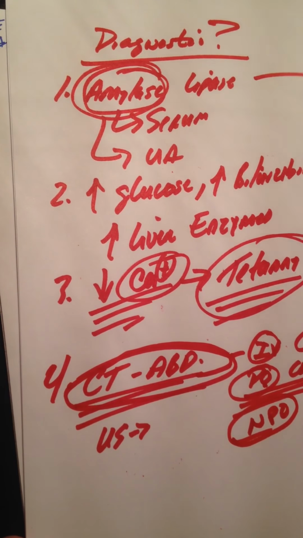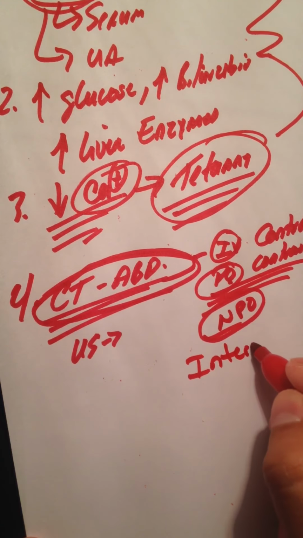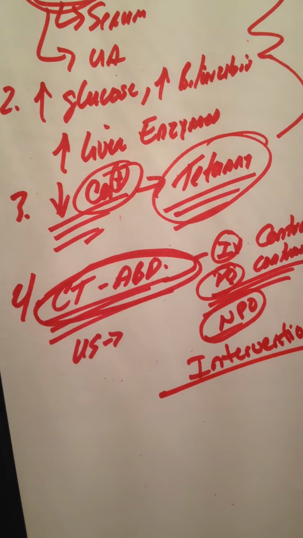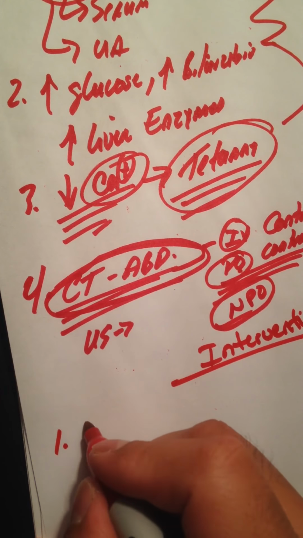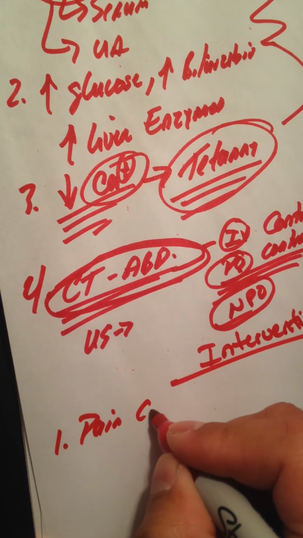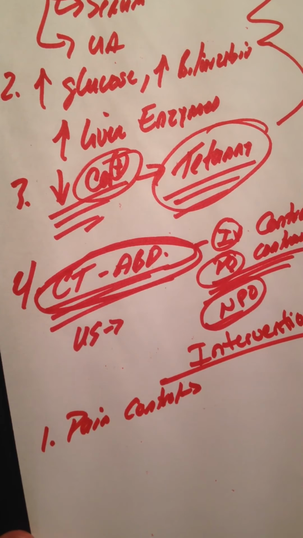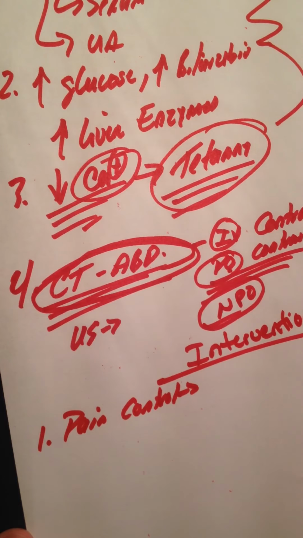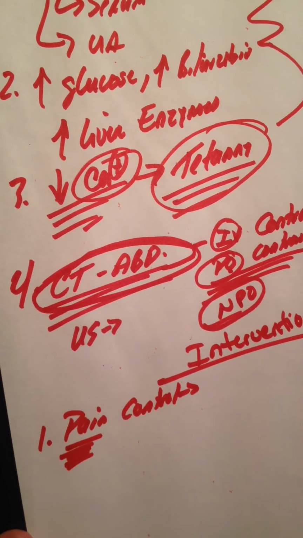Now, let's get into your interventions. Number 1, provide adequate pain control. And this is a must because if you've never seen somebody with acute pancreatitis or just chronic pancreatitis, pain is probably the number 1 priority.